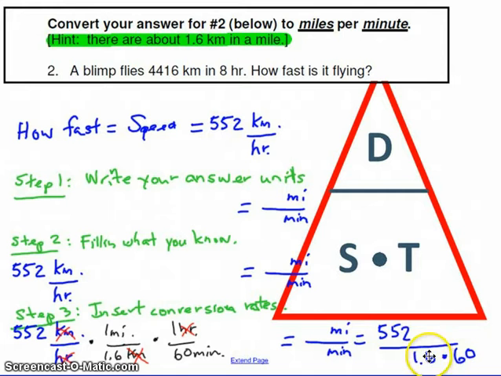The biggest challenge here with people using their calculators is to make sure that you group the 1.6 times 60 together, and all of that gets divided into 552. If you do 552 divided by 1.6 and get an answer and multiply that times 60, you're going to get a huge answer when you want a small answer. That right answer is just 5.75. So double check and make sure you're using your calculator correctly with this problem. That's the right answer for it.